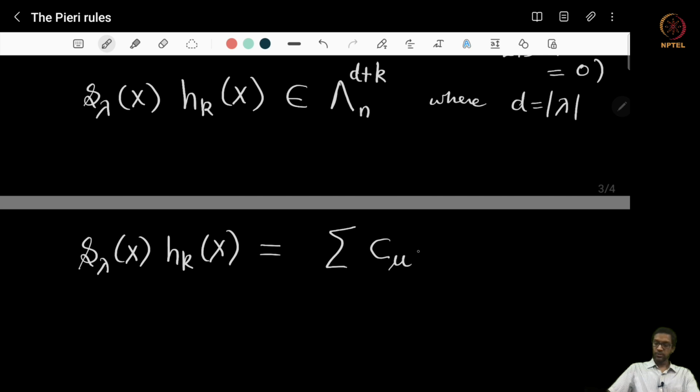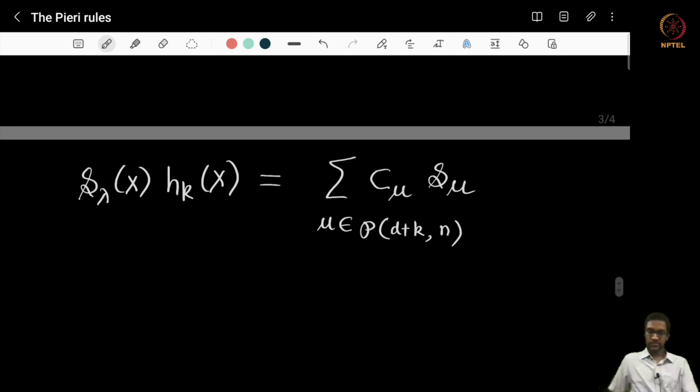Now what are the mu's that appear here? The mu's are just partitions of d plus k, with at most n parts. Okay, good. Now what does this mean?